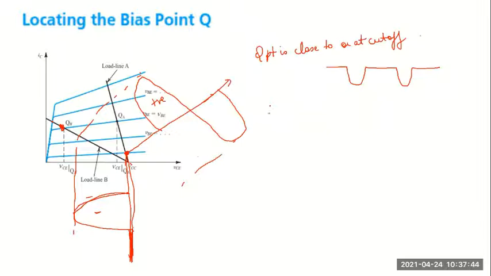Okay. So what happens? Can you guess when Q point is at saturation? Here, close to saturation, only positive half waves. Yes, this positive half of the input is moving into the saturation region.